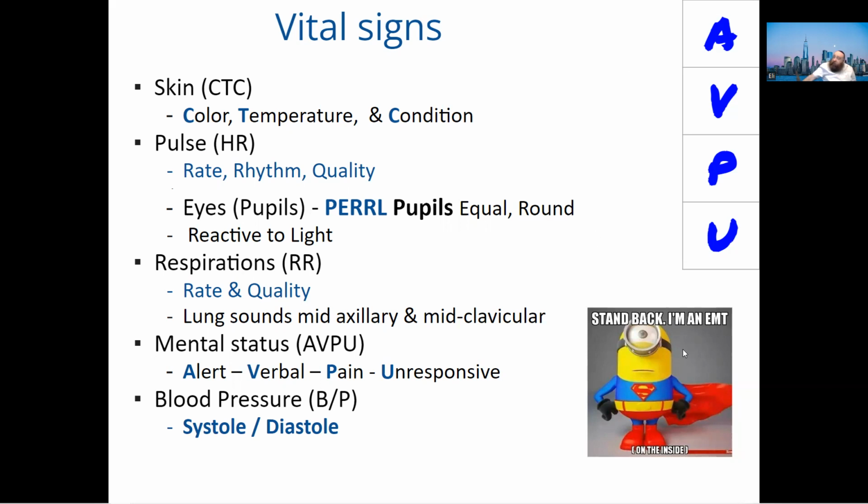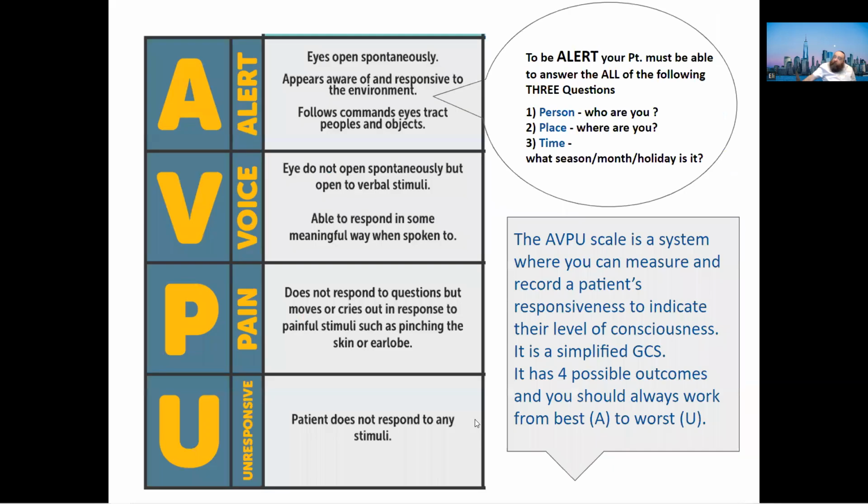Mental status, I'm going to talk about in a minute. AVPU. And blood pressure, we get 2 numbers known as systole and diastole, or systolic and diastolic. So I'm pretty sure that we went through all this stuff. I'm just going to go through AVPU in case that wasn't clear.